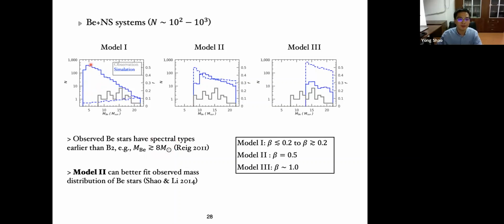And the blue solid curves denote our calculated results. So we can find that only model 2 can better fit the observed mass distribution of Be stars. In this case, the mass transfer efficiency is 50%.